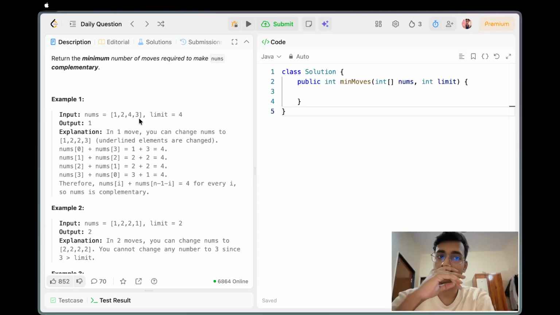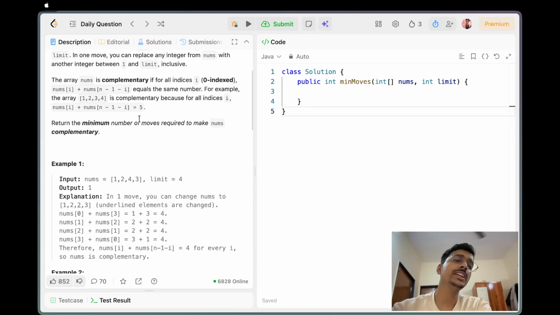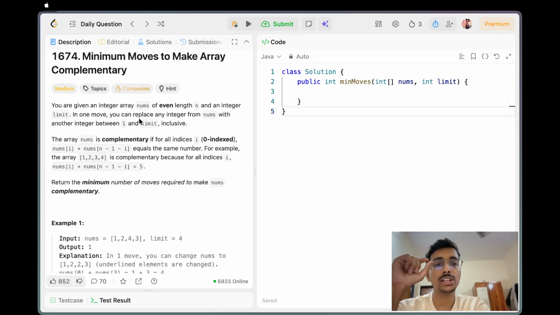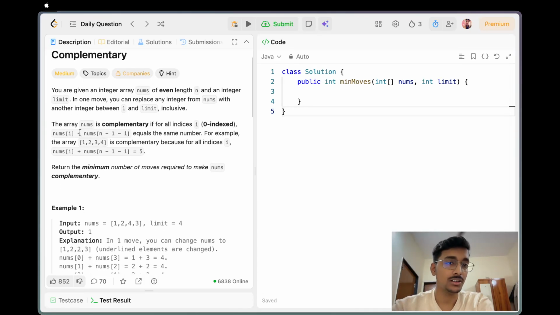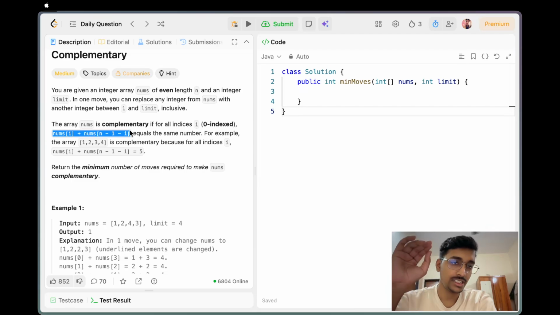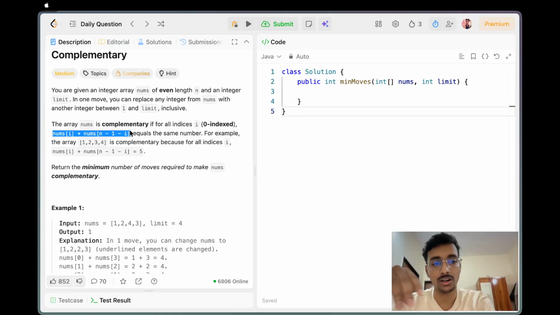Now the solution, let's think. Basically we need to find one particular target number that will lead us to the complementary array. The condition says that if I add two numbers of the array, I get a sum, and that sum we need to find first, because that's the point.